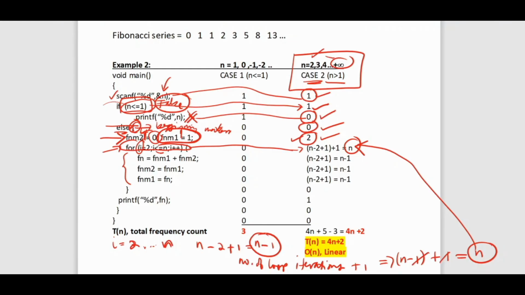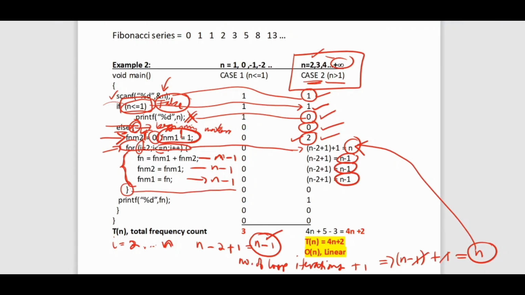And the frequency count of each statement inside the for loop would be the number of iterations. So for this statement, it would be the number of iterations, which is n minus 1. And this would be n minus 1. This would be n minus 1. That's why this line is n minus 1, this is n minus 1, and this is n minus 1.